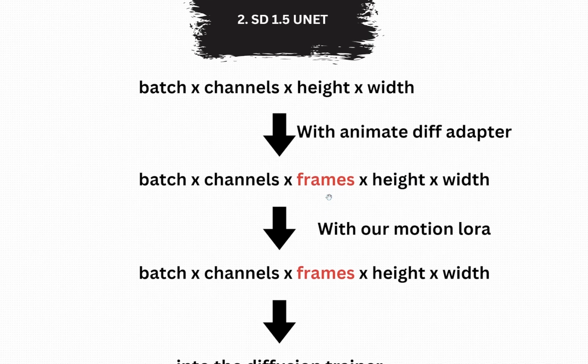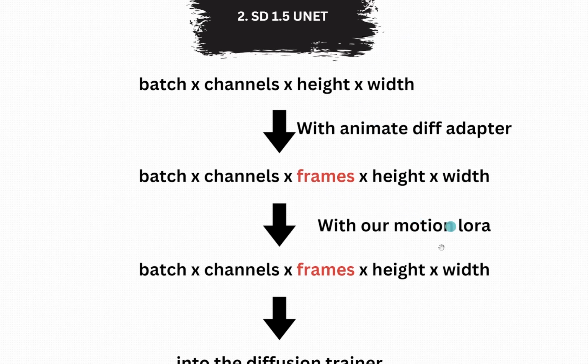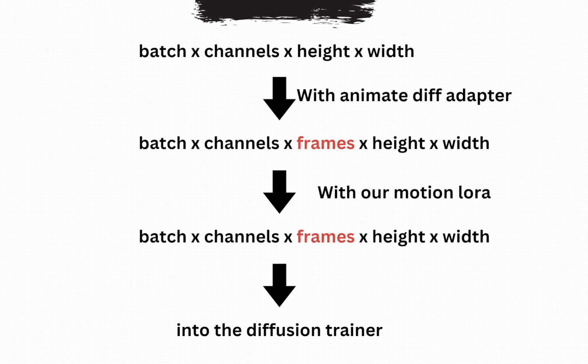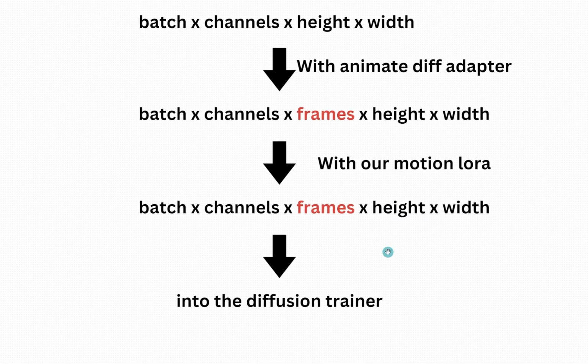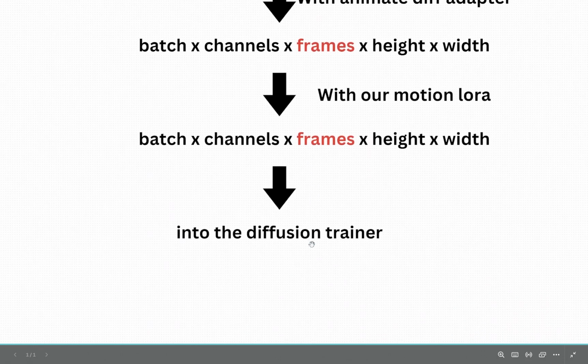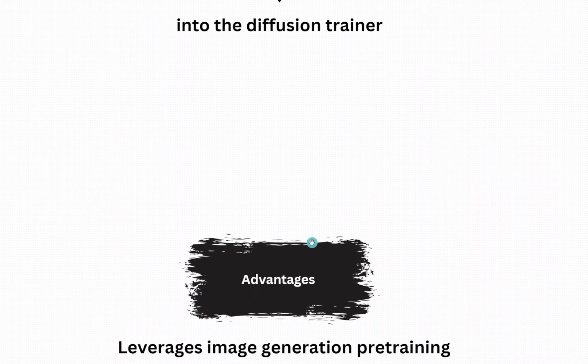And the motion LoRA basically adds a small LoRA on top of the AnimateDiff adapter. So the model's inputs and outputs don't change, but it's easier to train that way. And then you still get the batch size times channels times frames times height times width input and output. And we're going to plug it into our diffusion trainer, and we're going to do all of this in code to really see how it happens.